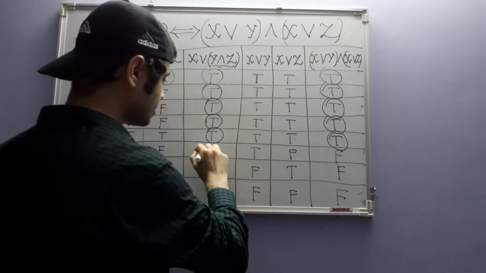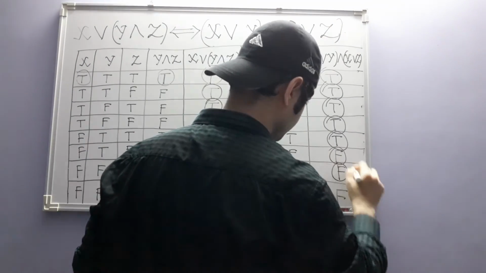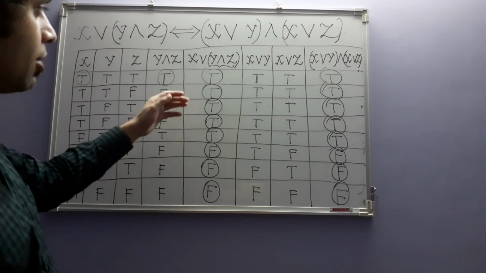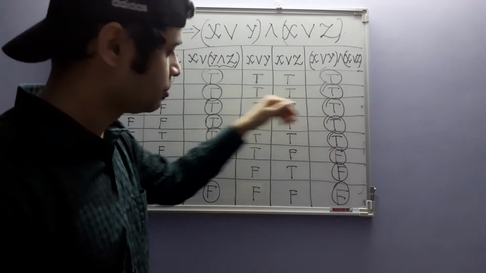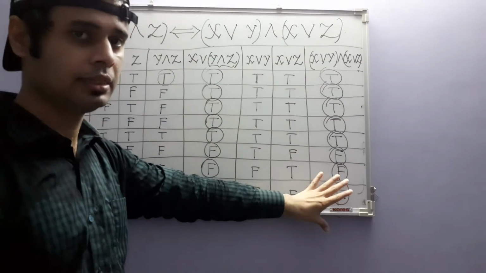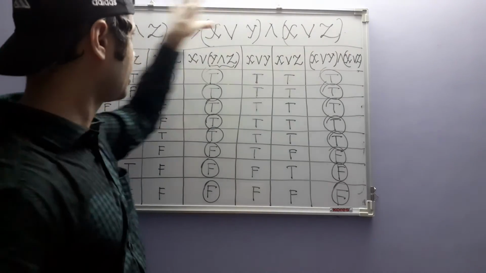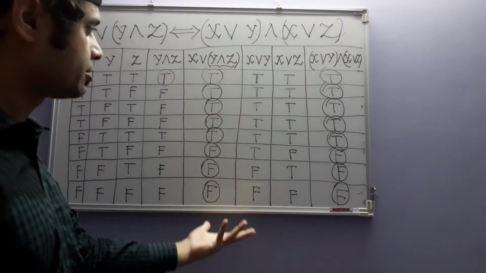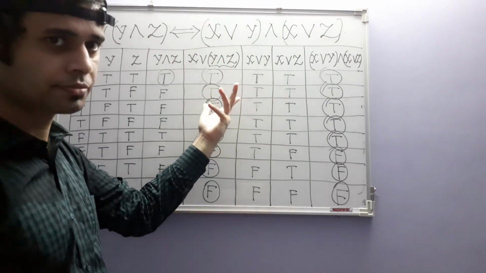And in the last three cases, they turn out to be false, both of them. That doesn't matter. What matters is that they are either both true or both false. That means this and this are logically equivalent. So this constitutes a proof of one of the distributive laws.